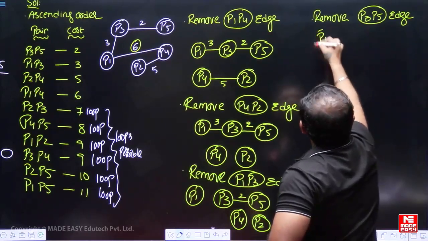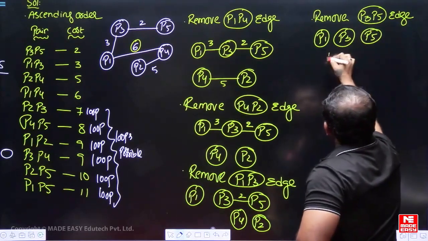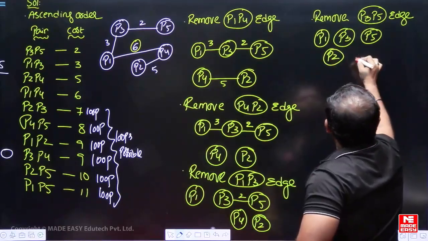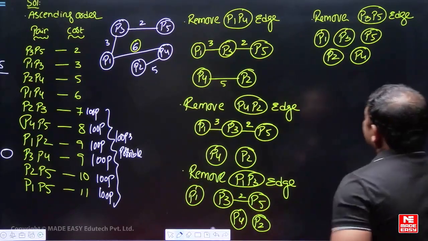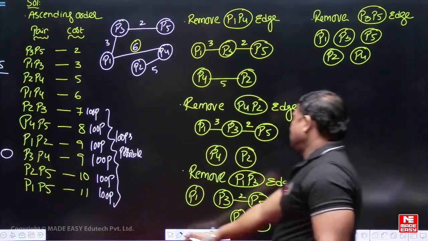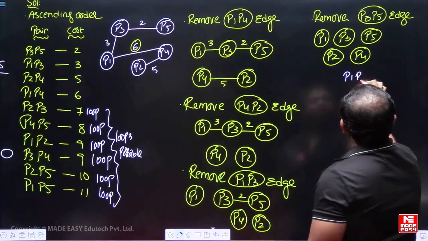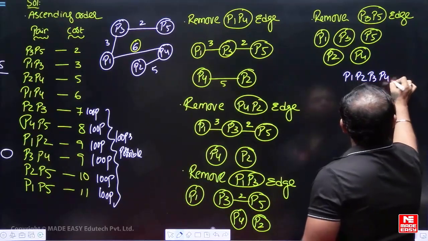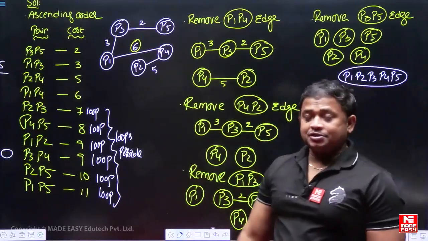So P1, P3, P5, P2, P4, like this we have. All the edges are removed, then stop the process. Now report the tree. Major tree is P1, P2, P3, P4, P5. All combination of data points is the major cluster.